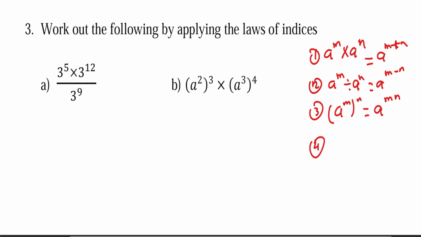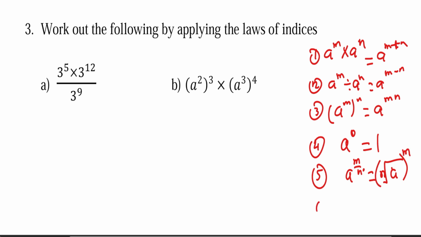If you have an index with power 0, it should give you 1. If you have a fractional index, which is m over n, the n, which is the denominator, becomes the root. So it's the nth root of a, then power m.